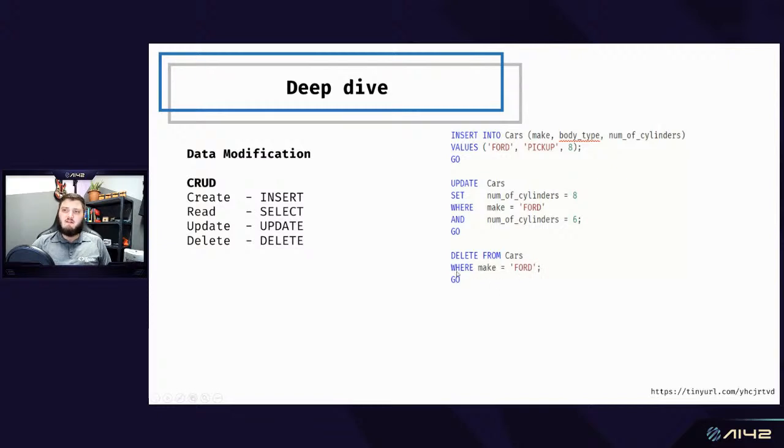The key is, again, the where clause, because if you don't specify the where clause, if you just say delete from cars, it will delete every single record. So I have asked it to delete when make is Ford. There could be 1 record, it could be 0, or there could be 100, and it will delete all the records of my make Ford.